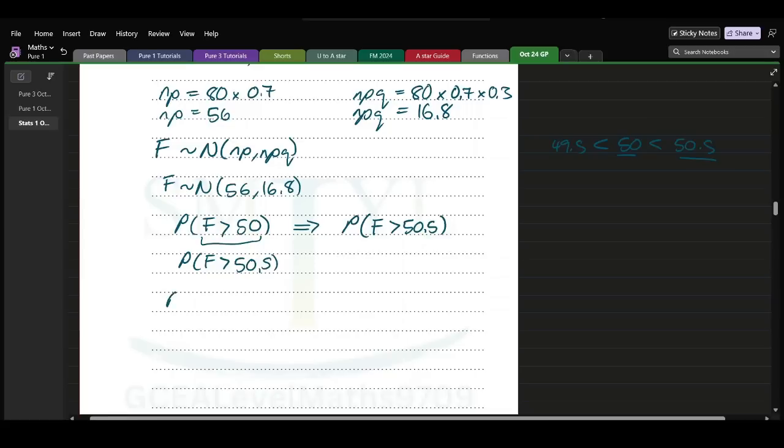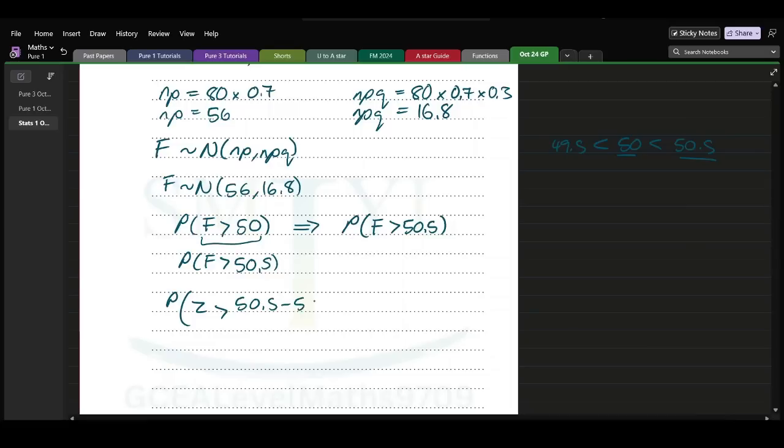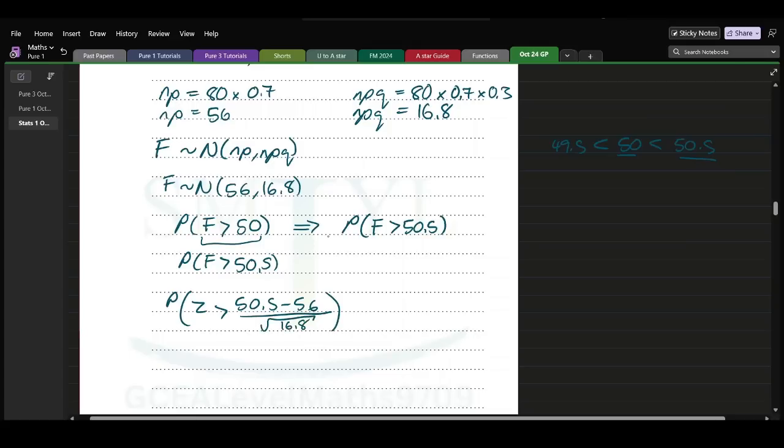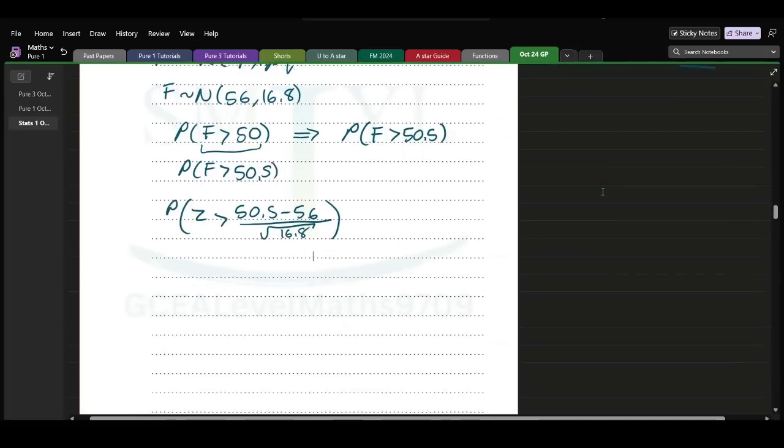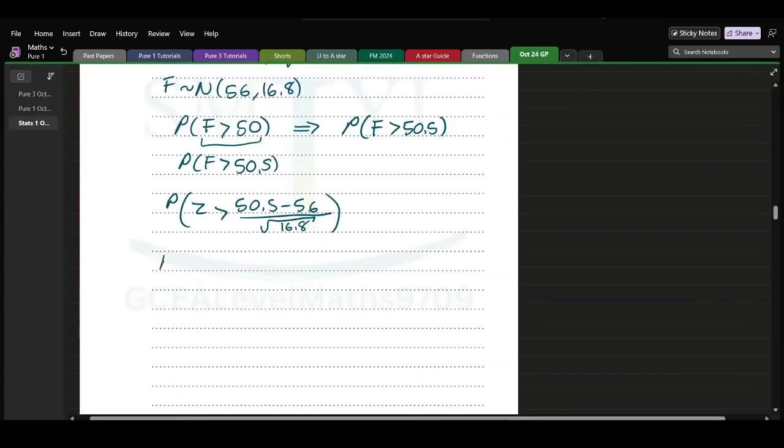So let's standardize. Z is greater than 50.5 minus 56 over the square root of 16.8. And let's punch this into the calculator.